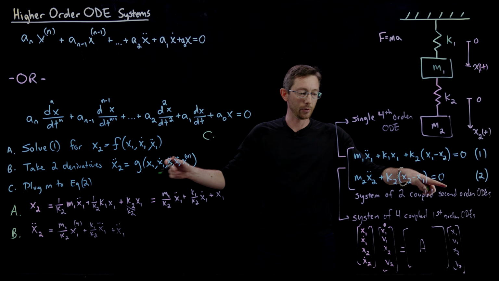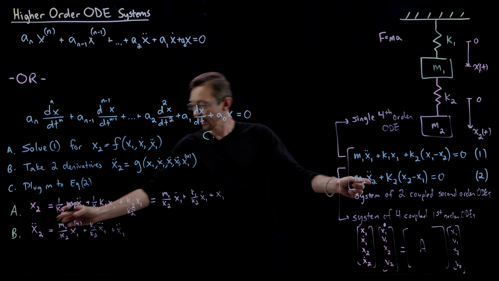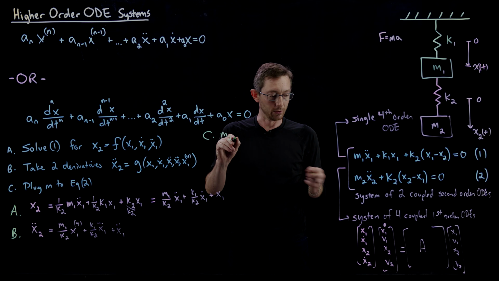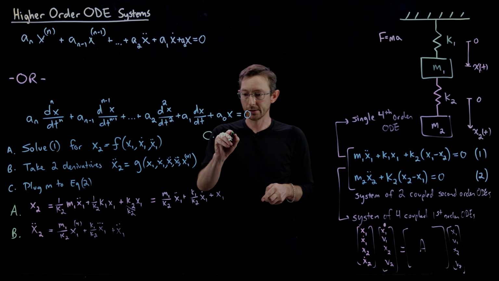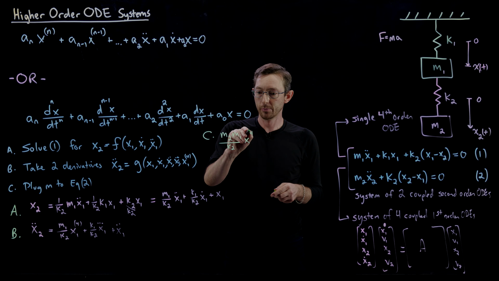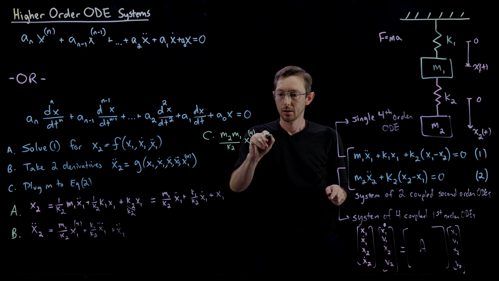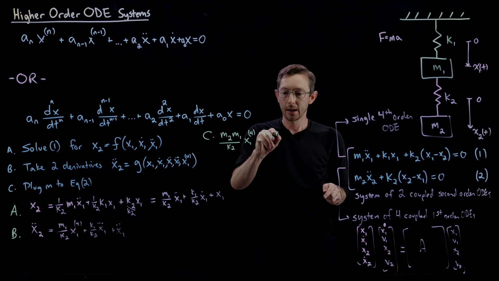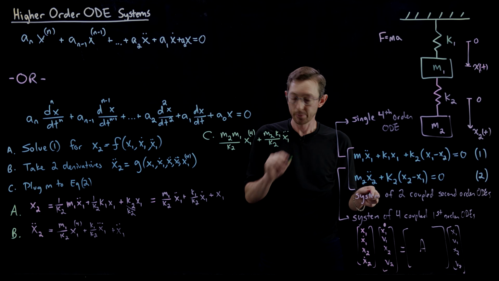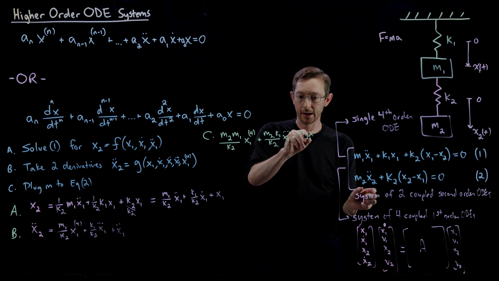I plug them into this equation, and I'm literally going to have m2 x double dot. So that's m2 times all of this stuff. So m2 m1 over k2 x1 quadruple dot plus m2 k1 over k2 x1 triple dot plus m2 x1 double dot.